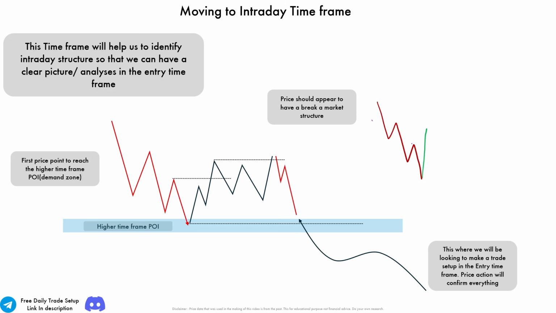This will be your break of market structure, and then we will have a new higher high. So we have this move to the downside, and then some moves to the upside to produce a higher high.